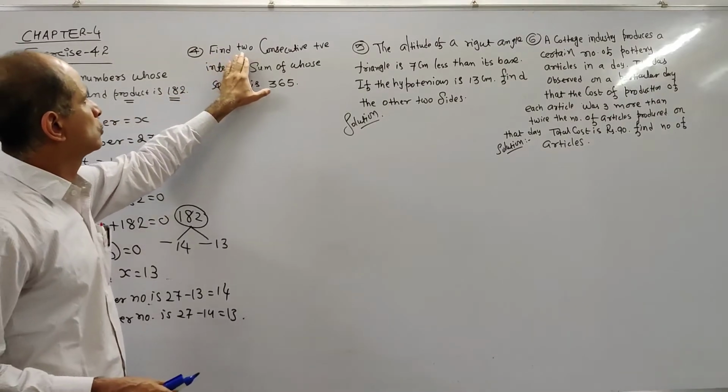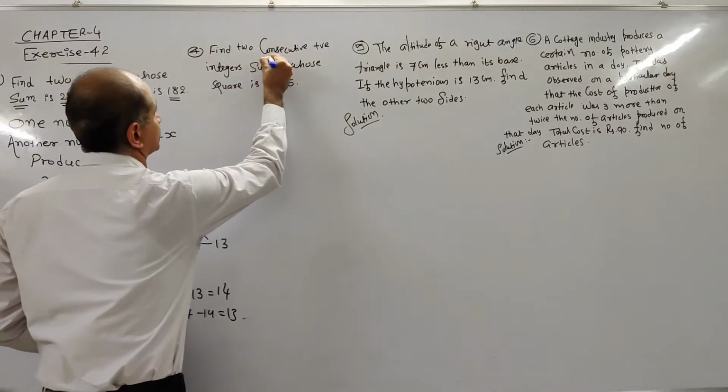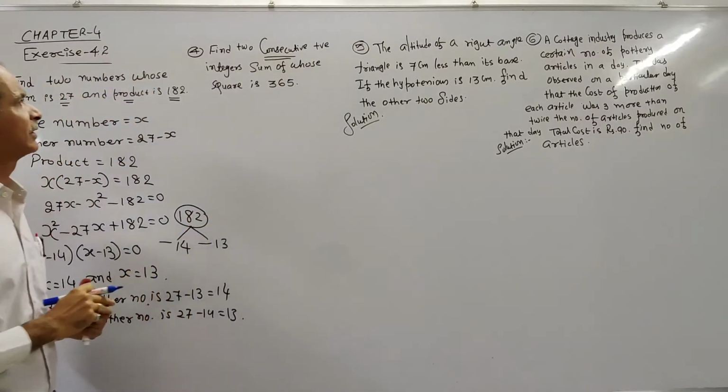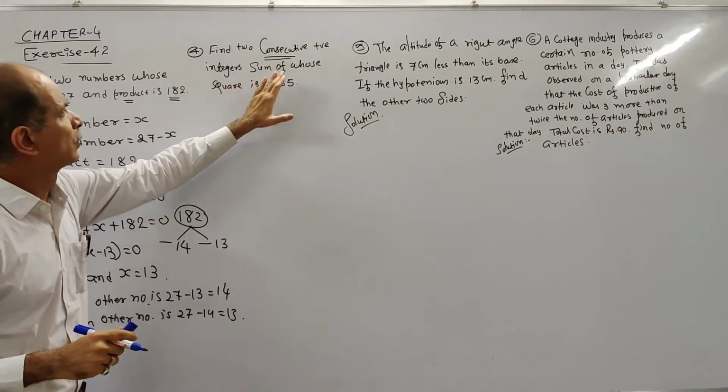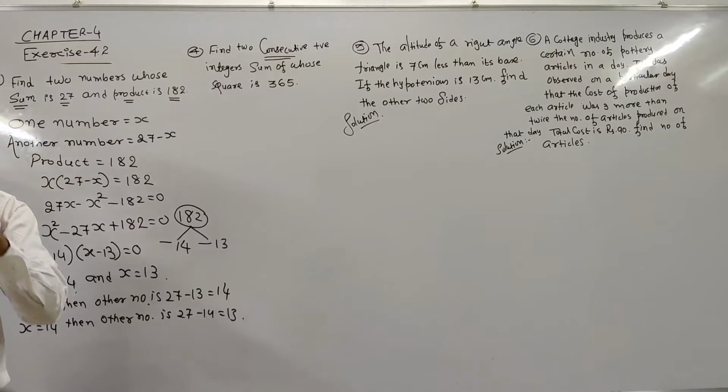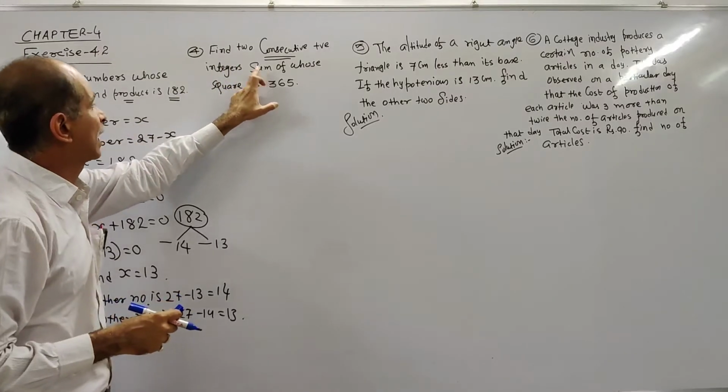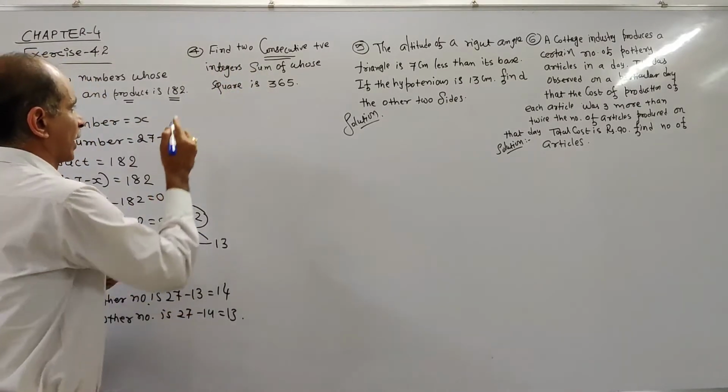Find 2 consecutive positive integers, the sum of whose squares is 365.